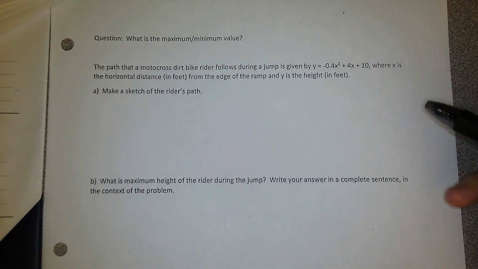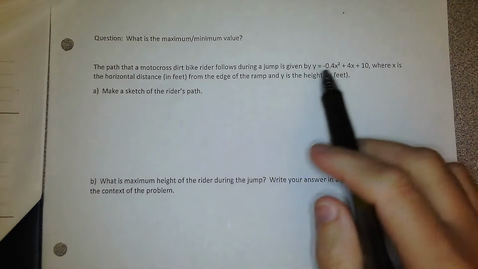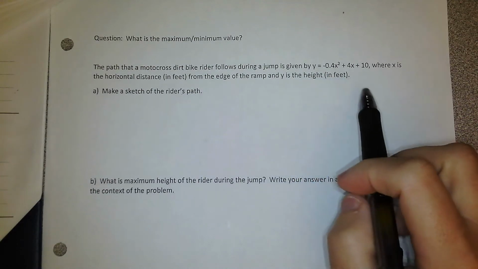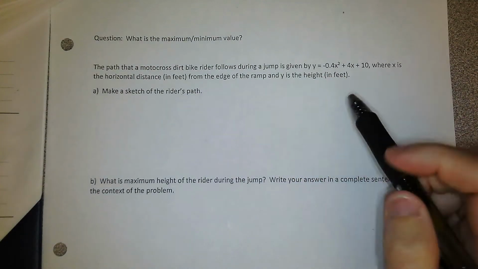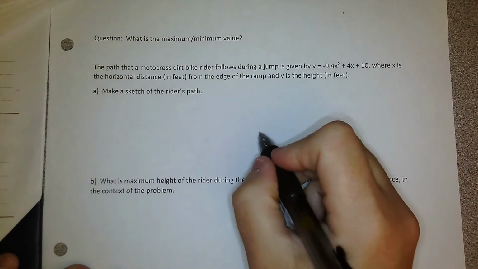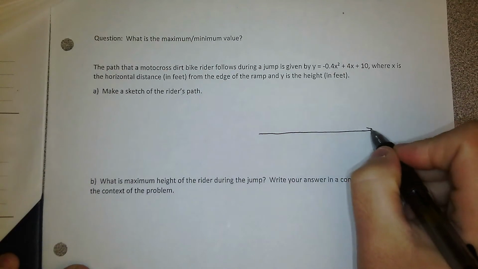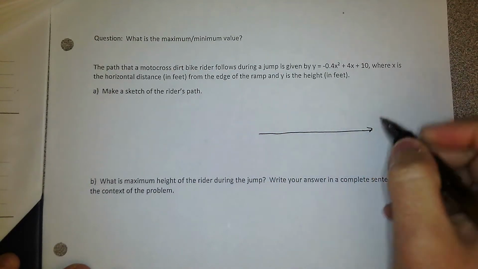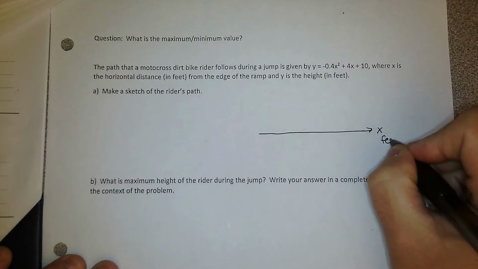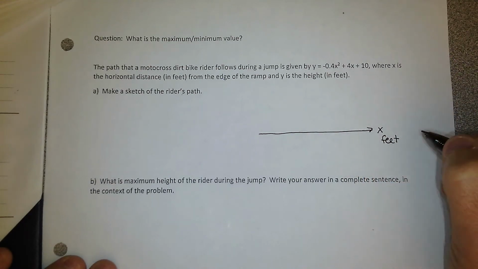The path that a motocross dirt bike rider follows during a jump is given by the equation y equals negative 0.4x squared plus 4x plus 10, where x is the horizontal distance in feet from the edge of the ramp and y is the height in feet. So here is x, and x is the horizontal distance in feet from the edge of the ramp.